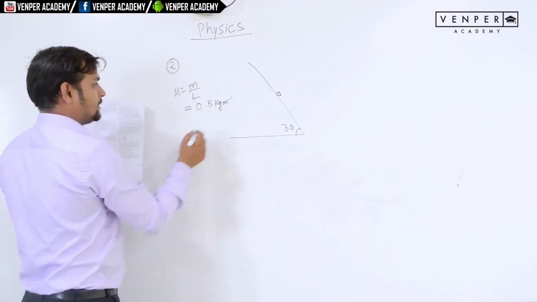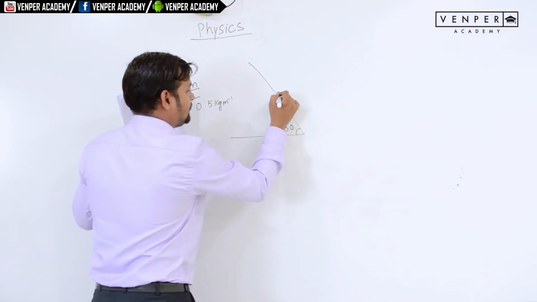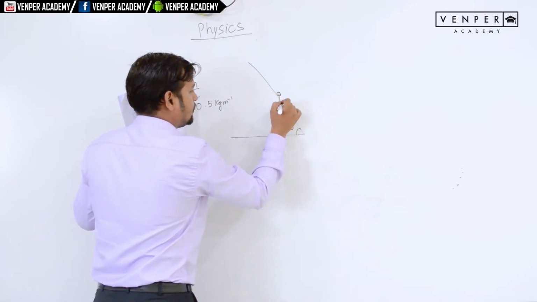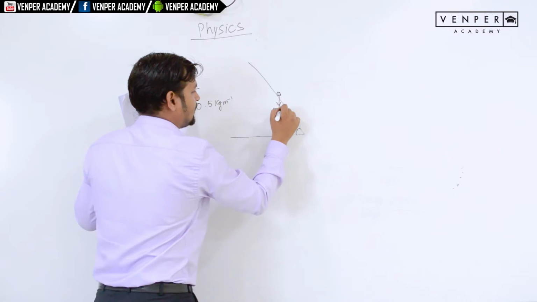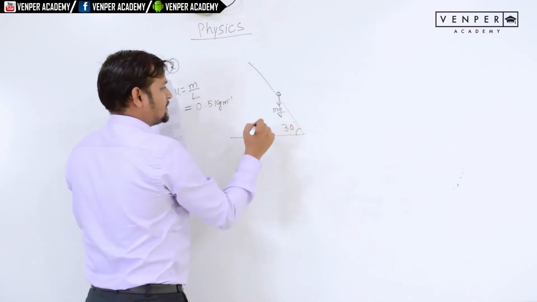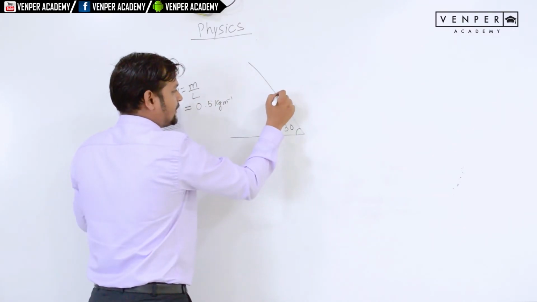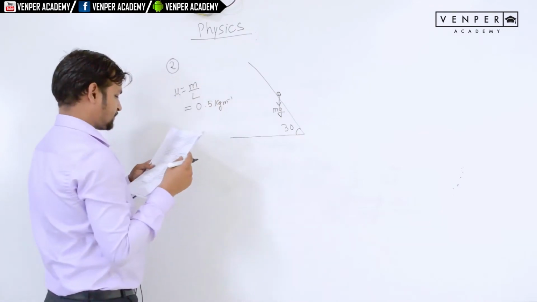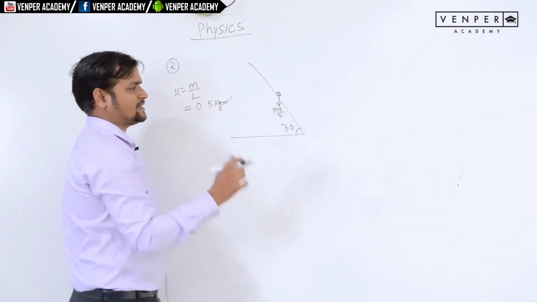Clear? Now what will happen? One mg will act on this mass in the vertically downward direction.